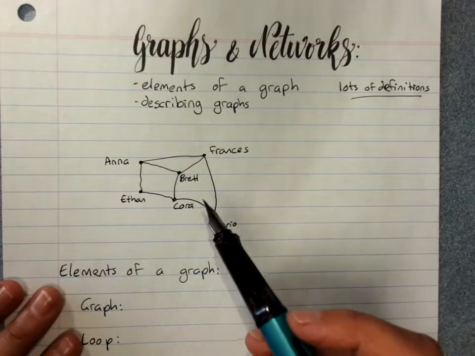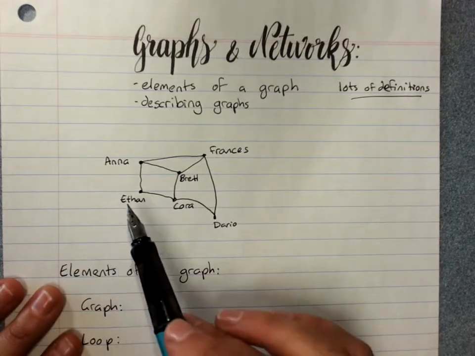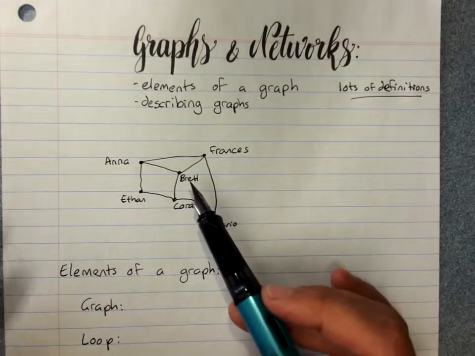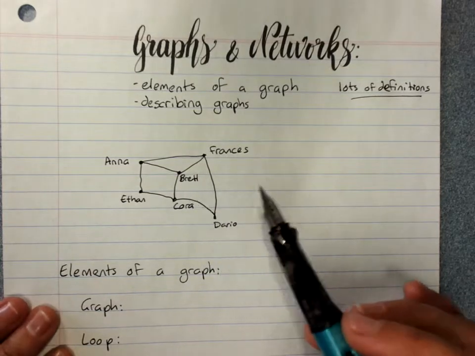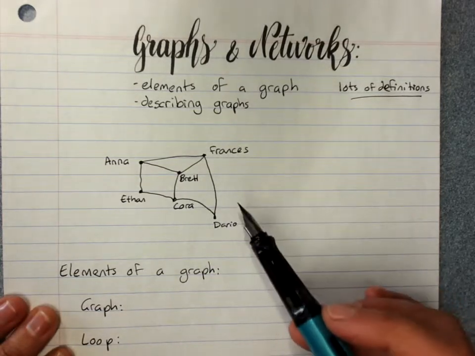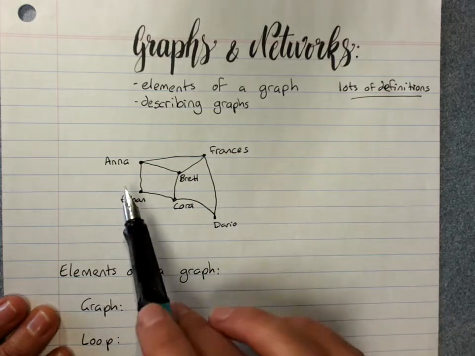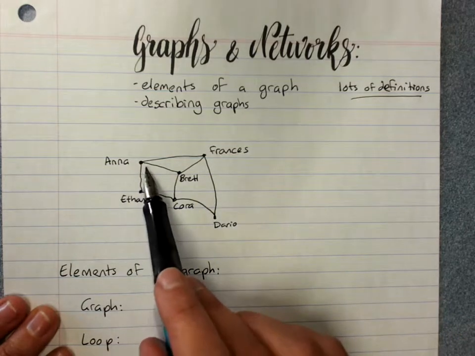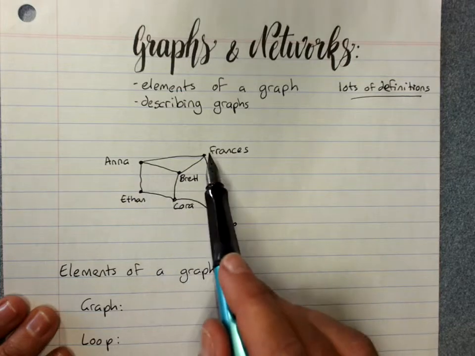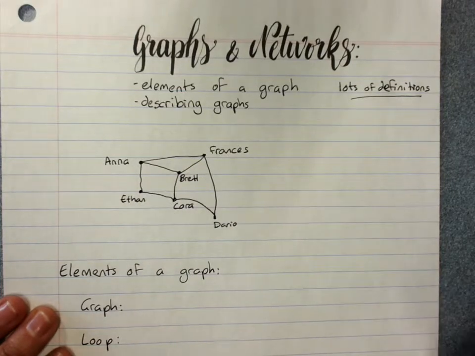So last video we looked at the fact that there's a whole bunch of situations in everyday life where we need to analyze connections between people or objects, so computers or towns or friends on social media, and a diagram with the edges connecting these vertices that we're interested in is called a graph.